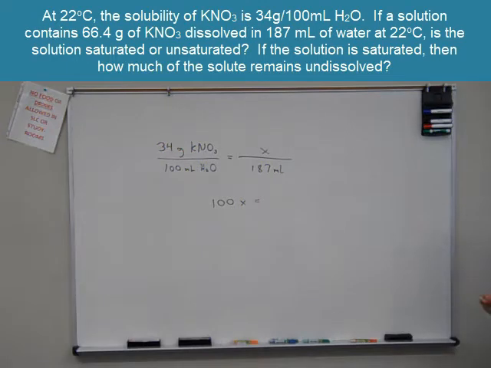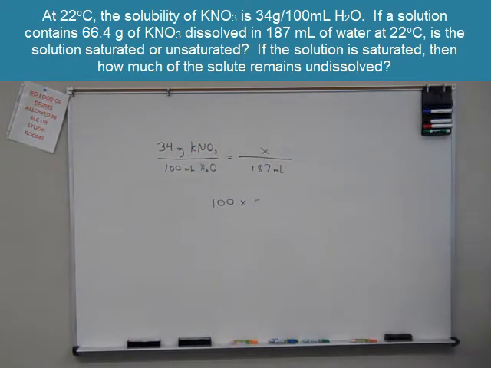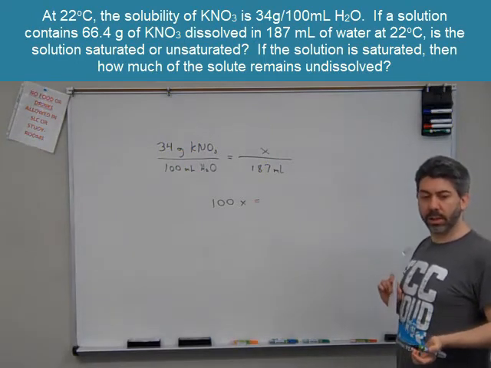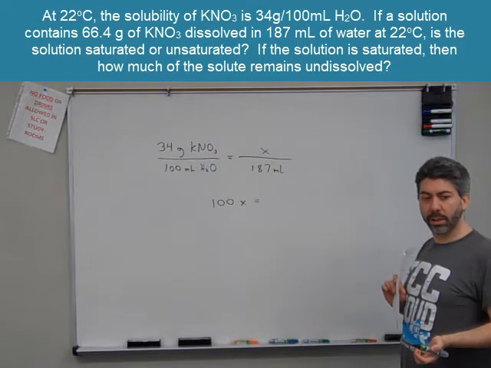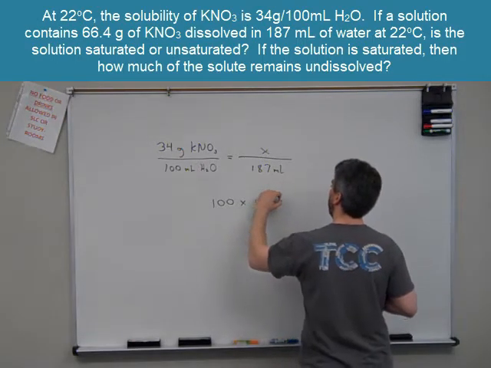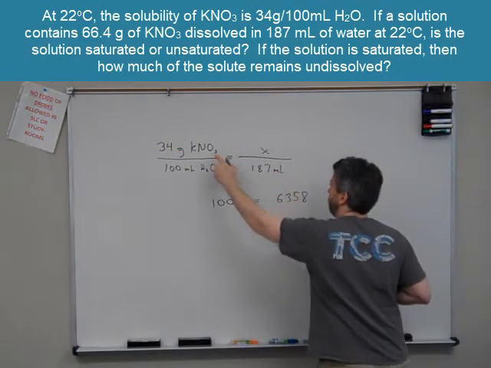And what's 34 times 187? 6358 would be this times this, right?